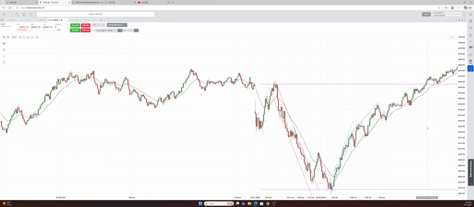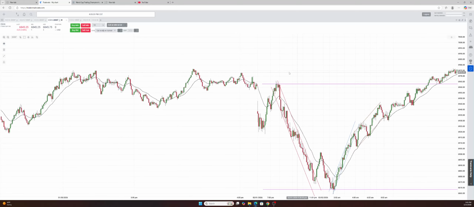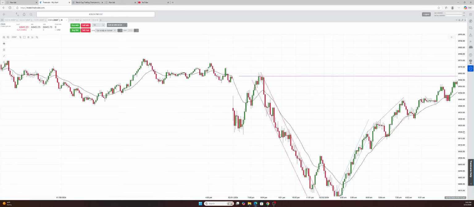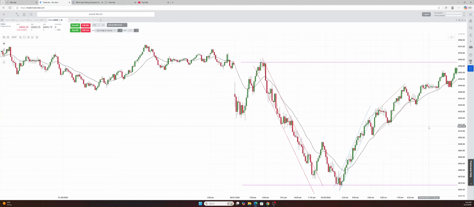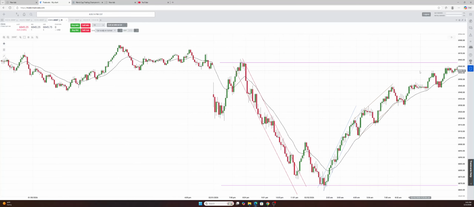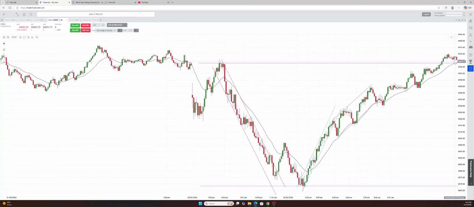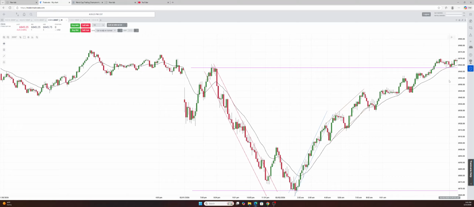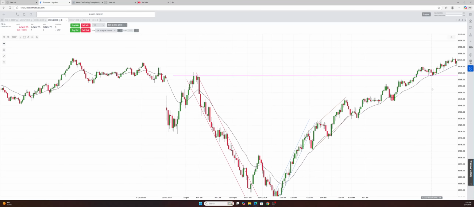What price also likes to do is when it pushes through a level of resistance, which we can see here, let me just try to make this bigger, it pulls back and tests it. Once it tested it and was satisfied that it would be support, it pushed higher.